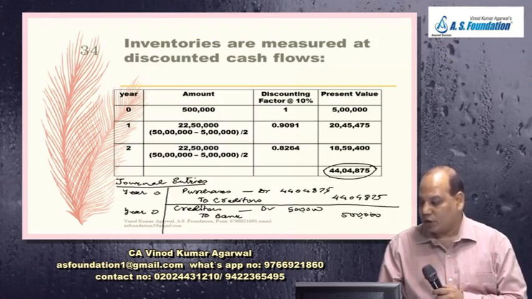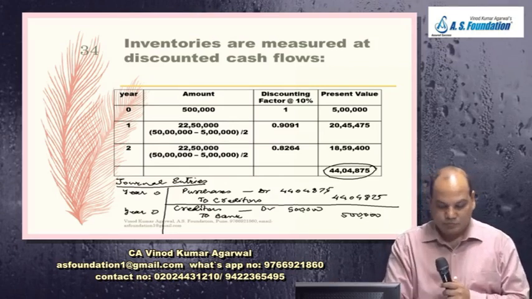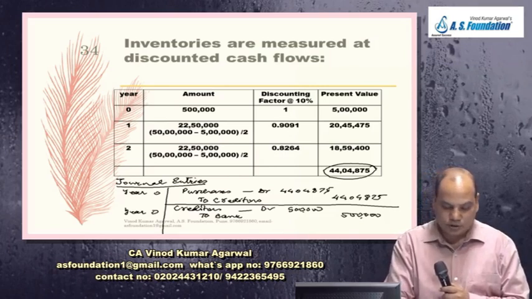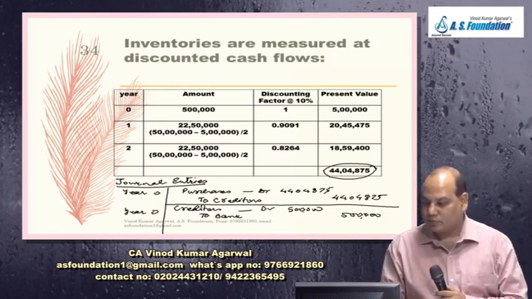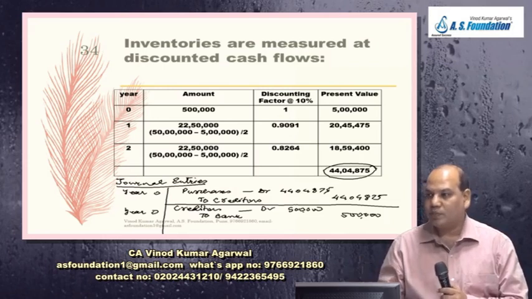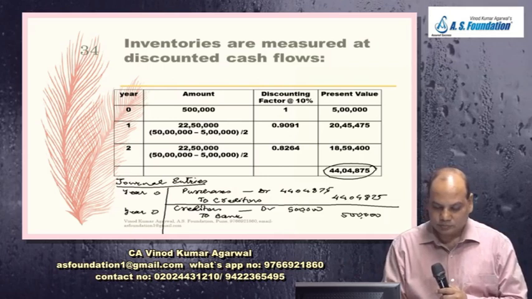Okay. Keep calculator ready. After passing this entry, your creditor balance will be 4,404,875 minus 5 lakh, 39 lakh 4,875. On that amount you will compute interest. Is it right? For 1 year, 10% into 10%.